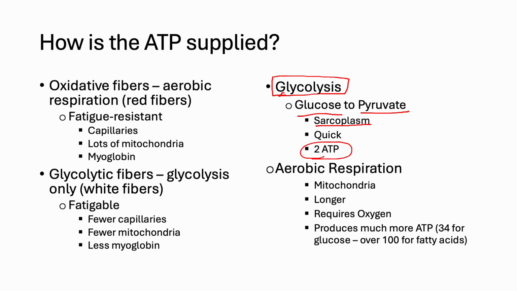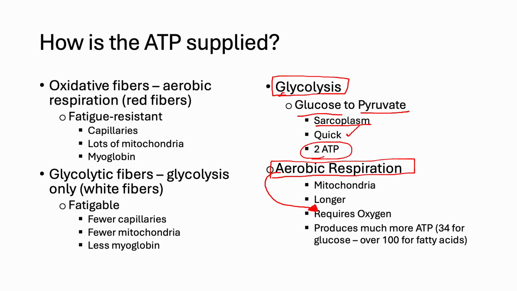Notice this is quicker than the alternative process. The alternative process, which is a longer process, is called aerobic respiration. Aerobic you can always think of as meaning it requires oxygen. So without oxygen, this process doesn't happen.